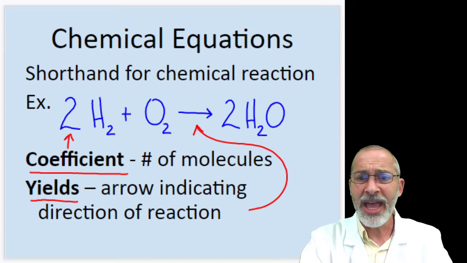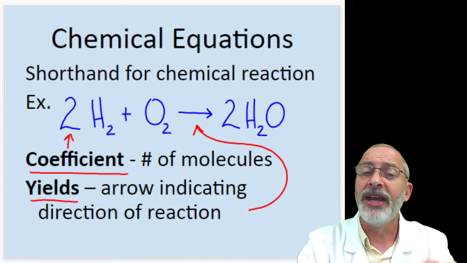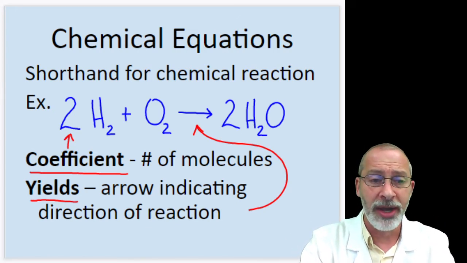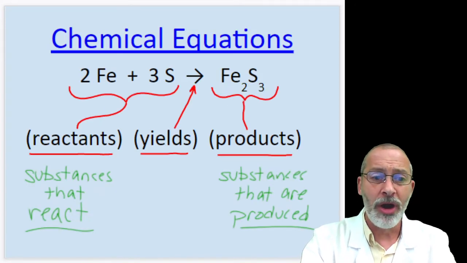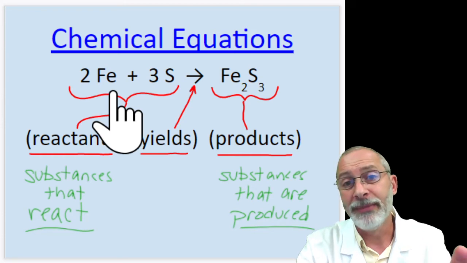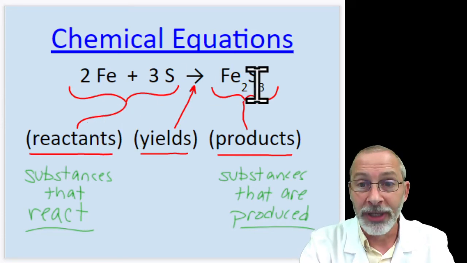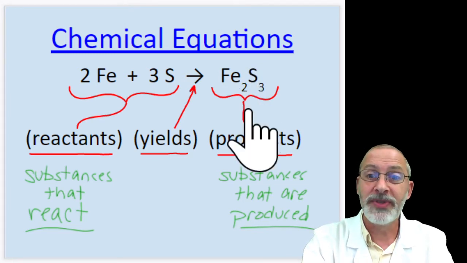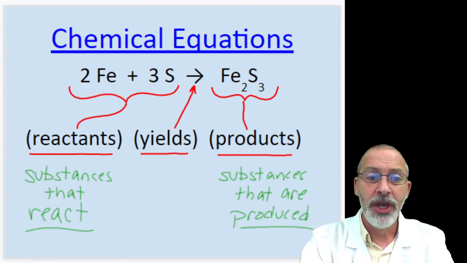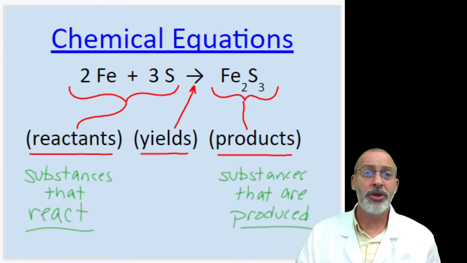Now, as you look at this chemical equation, it has other parts that I need to instruct you on as well. We are already now familiar with the idea or the concept of symbols, formulas, subscripts, coefficients, but a chemical equation itself has different parts to it.